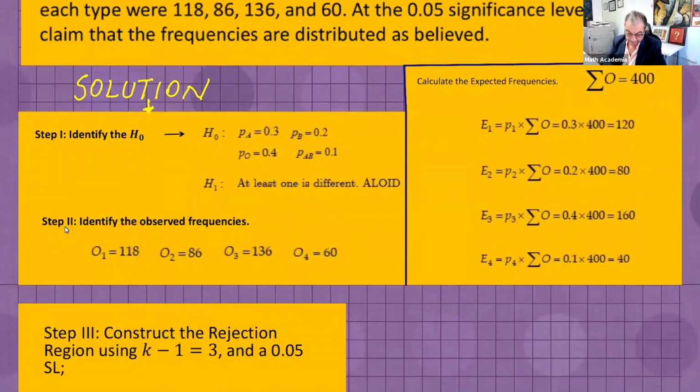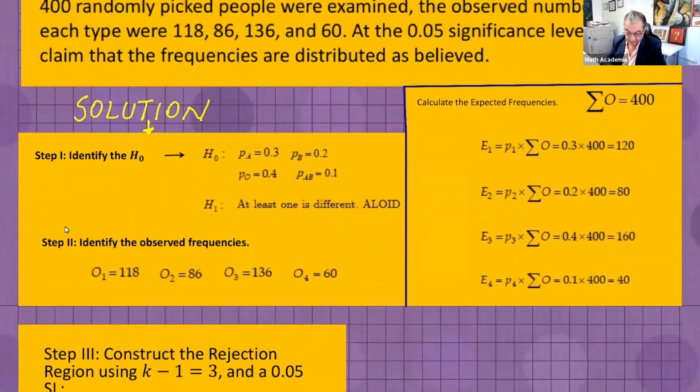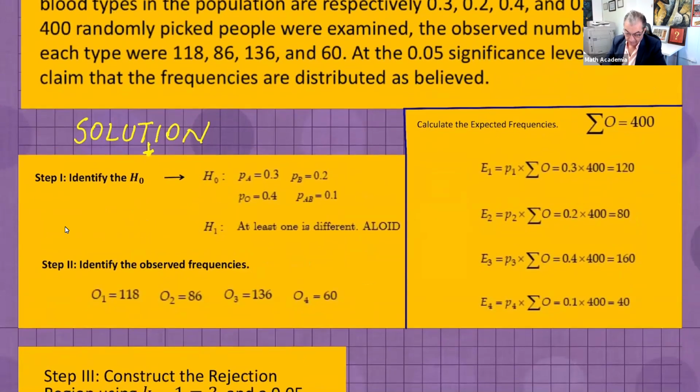O1, which is OA, we can say is 118, O2 is 86. So here in the problem, O3 is 136. That's for O type, and O4, which is type AB, is 60. Let's calculate the expected values. We take E1 or EA, which is going to be P1 times the sum of the observed frequencies.